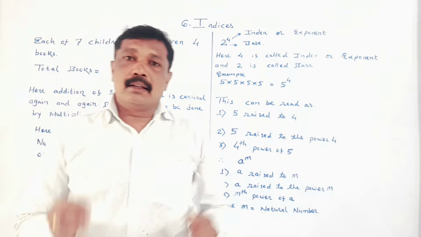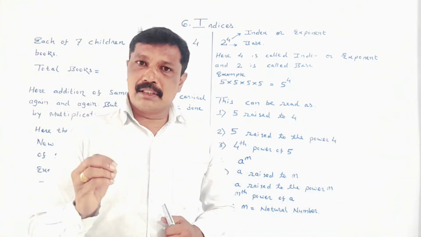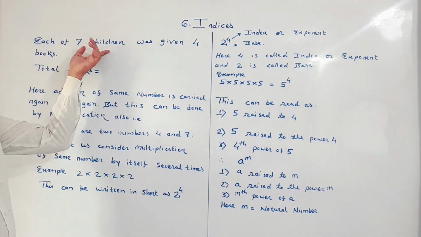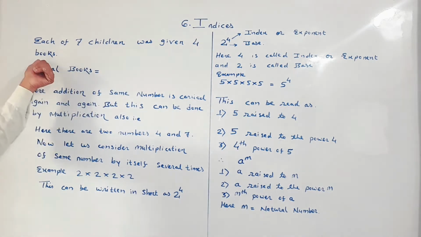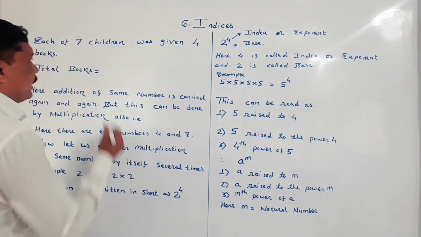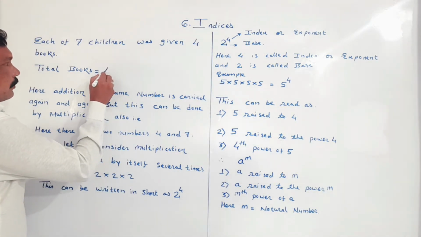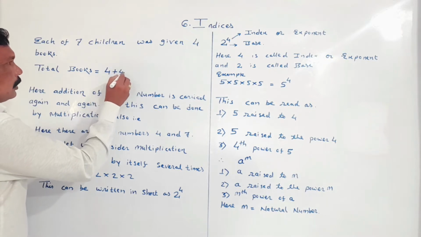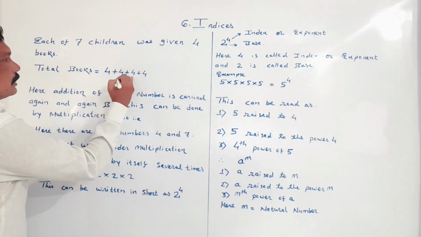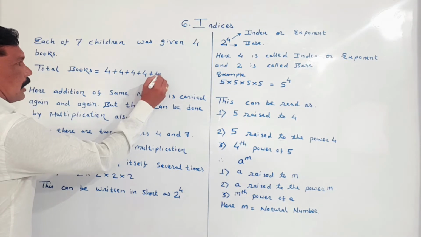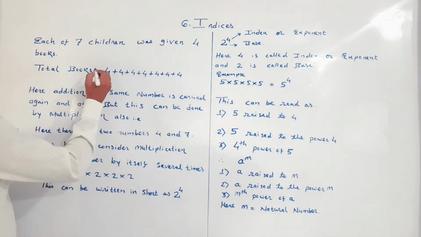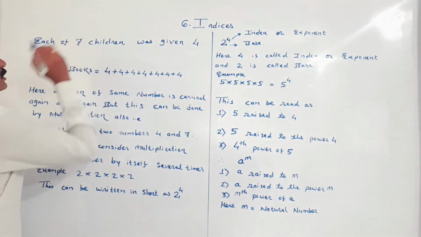My dear student, the activity in our book tells us that if a total of 7 children are given 4 notebooks each, and we want to find the total number of notebooks, we can find it this way: 4 plus 4 plus 4 plus 4 plus 4 plus 4 plus 4. We have added 4 for 7 times.